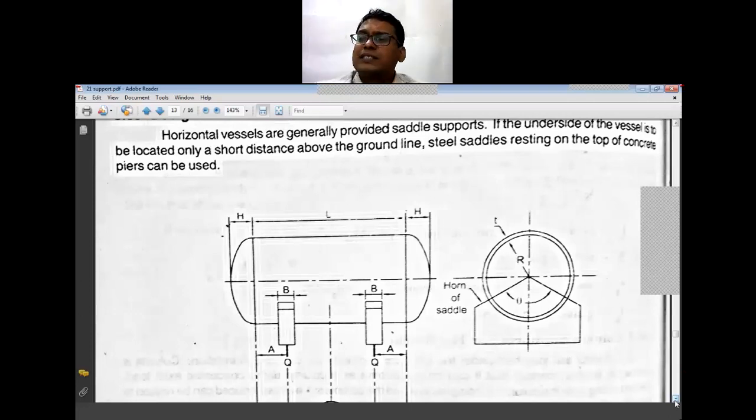On the roadside, sometimes you can see huge, big diameter pipelines, and they are mostly provided with such saddle supports. A saddle has a curvature of this type, and on that you are going to put the vessel, which will be resting suitably on this type of support.